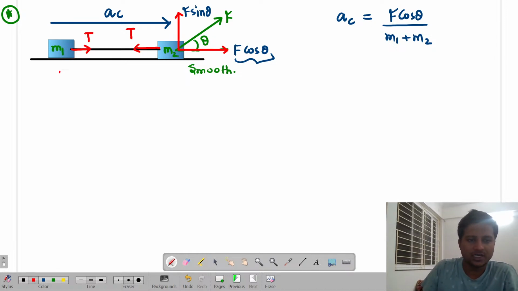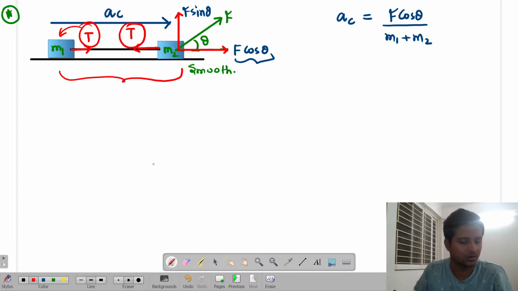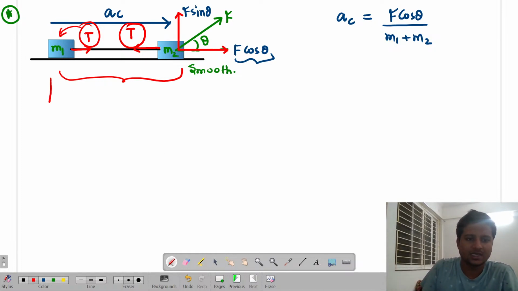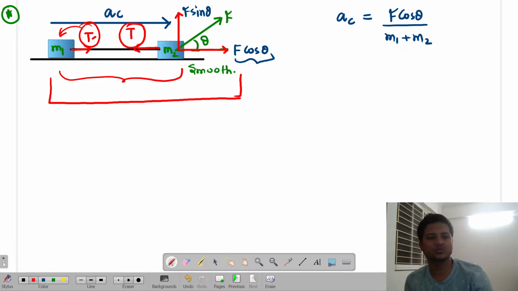So you have to clearly understand what is happening. This tension T is trying to oppose the motion, while this tension T is trying to bring the motion in M1, or not. So I can't say that F cos theta is responsible for the acceleration in M1. Basically, it is this tension T which is responsible. If I cut the thread, then this tension T will disappear or not.